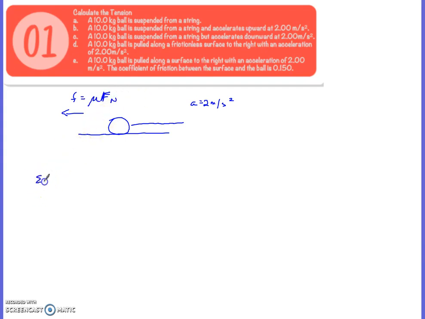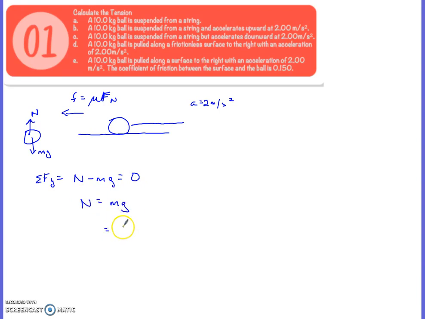And the sum of the forces in the y says, if I draw a free body diagram, it's not accelerating, so the normal force and the gravitational force are equal. So the normal force minus mg equals ma, or 0. So the normal force must be equal to mg.